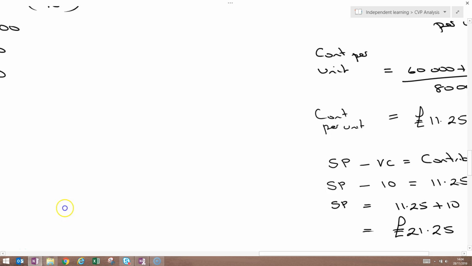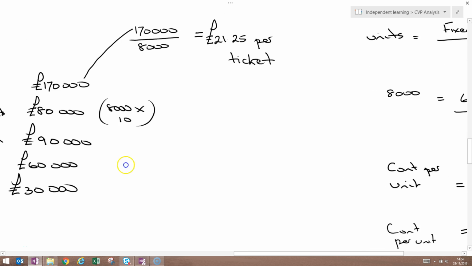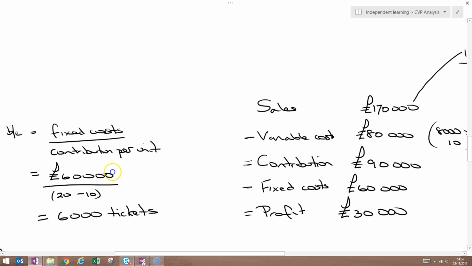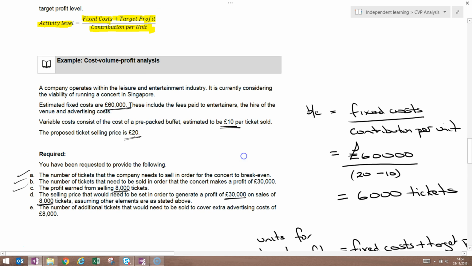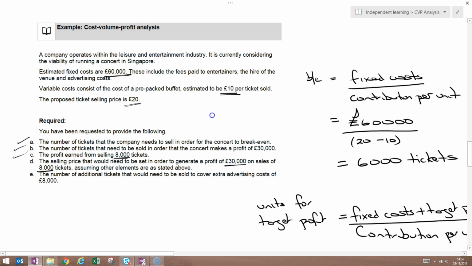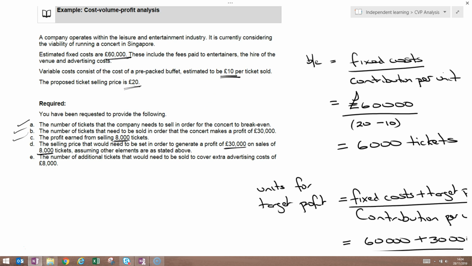Right, there is just one part left to this example that we were looking at. Part E. So we've done part D. Part E, how many additional tickets would need to be sold to cover the extra advertising costs of £8,000.